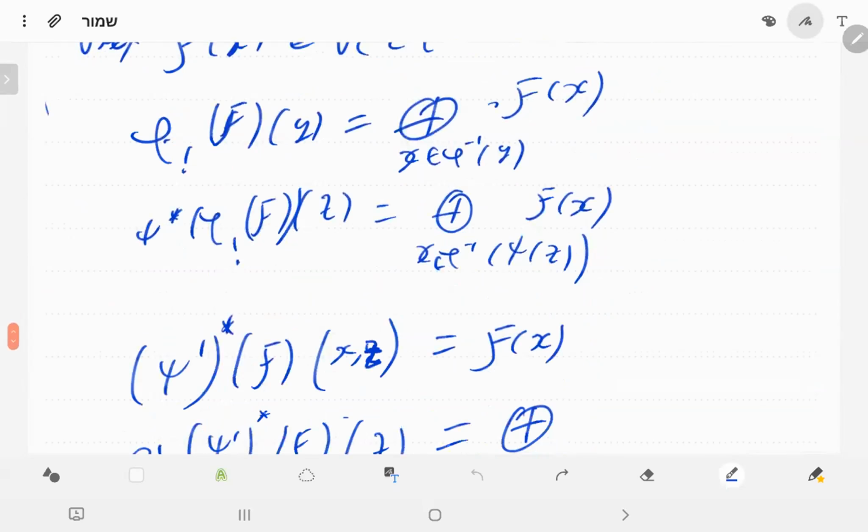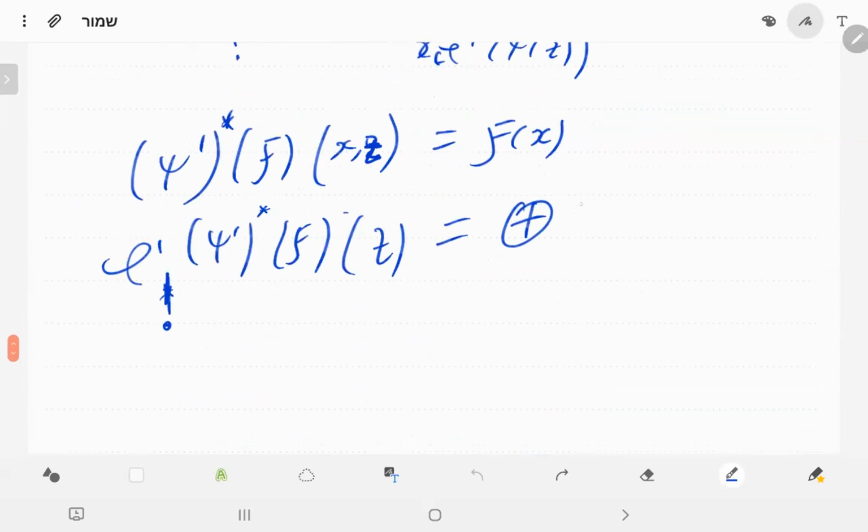So let's do it in two steps. Direct sum over all the pairs (x, z) in the fiber product X times_Y Z, and then we take just F of x. What is it equal to? What are the points in the fiber product whose second coordinate is z?